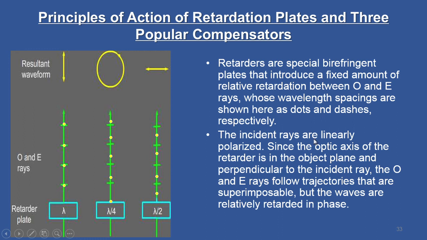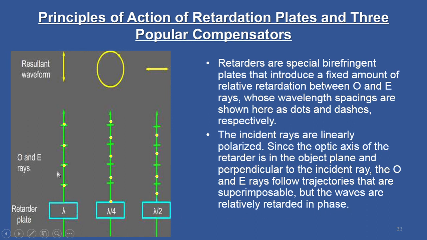The incident rays are linearly polarized. Since the optic axis of the retarder is in the object plane and perpendicular to the incident ray, the ordinary and extraordinary rays follow trajectories that are superimposable, but the waves are relatively retarded in phase.